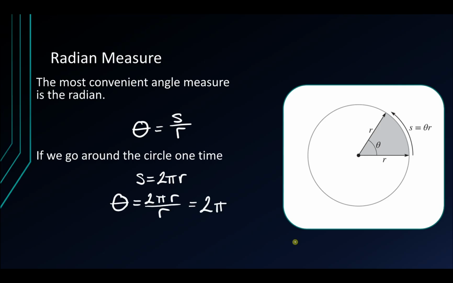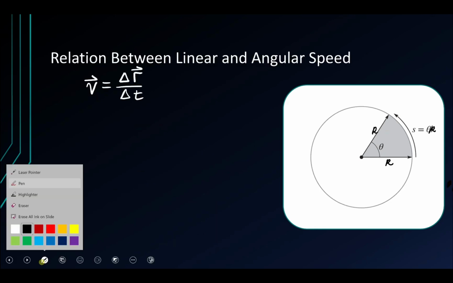This means that if we go around the circle one time and we replace this arc length with 2 pi r, theta is 2 pi, right? A circle, so this makes sense. So 2 pi radians is 360 degrees.